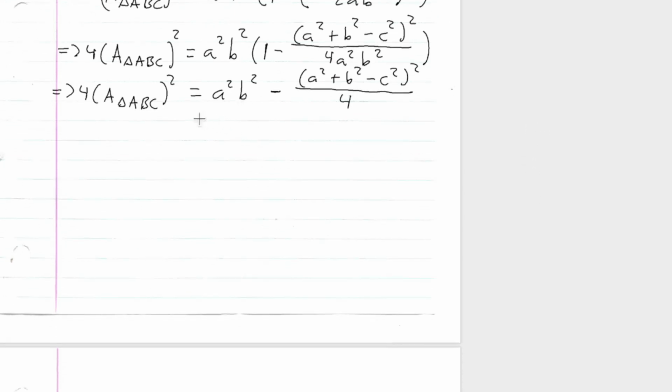Okay, so now what I'm going to do is multiply both sides of this equation by 4 so I can get rid of this fraction, right?